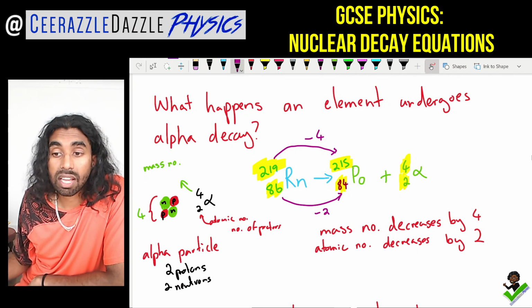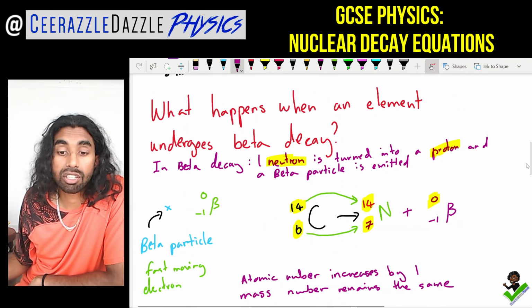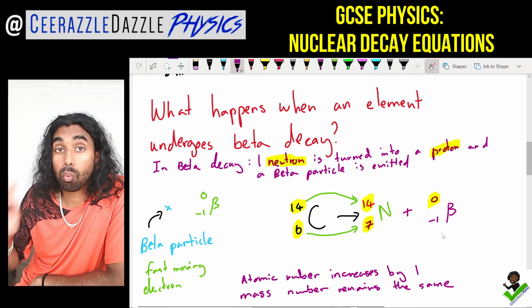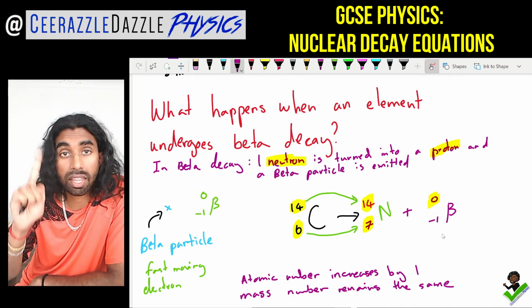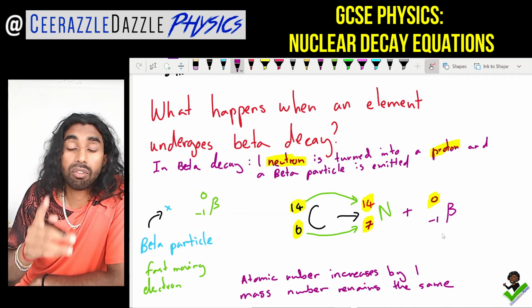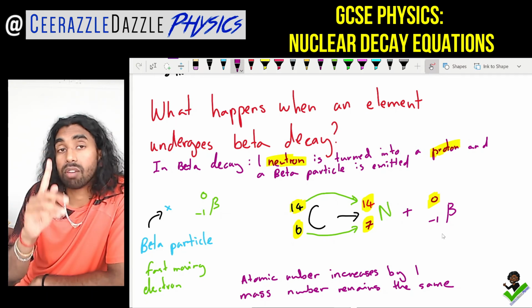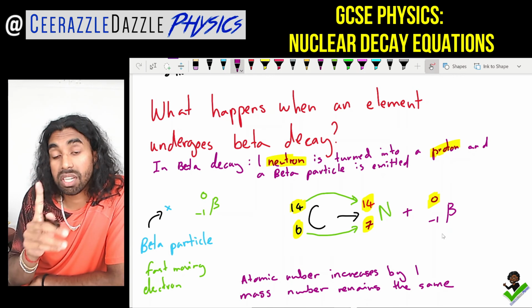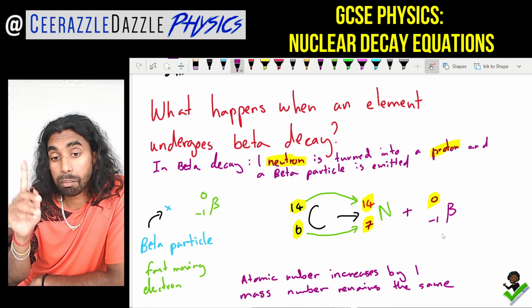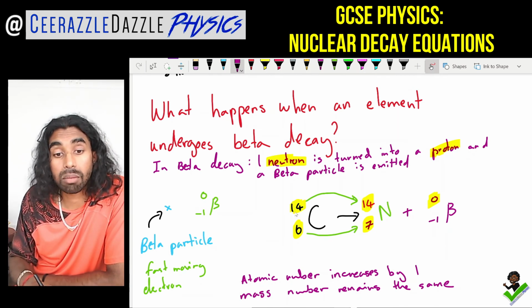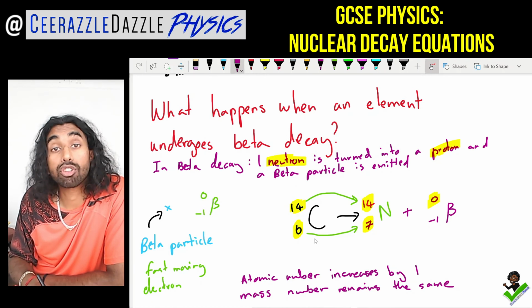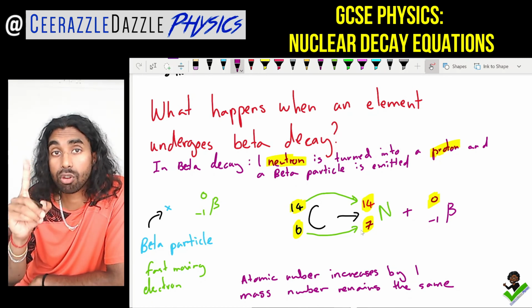Then scrolling down, guys, we talked about beta decay. For beta decay, we know that 1 neutron is turned into a proton and the beta particle is emitted. And obviously the symbol now is 0, -1 and the beta symbol. Look, if we have carbon 14 and it undergoes beta decay, the mass number remains the same, because the 14 remains the same, but the atomic number goes up by 1.